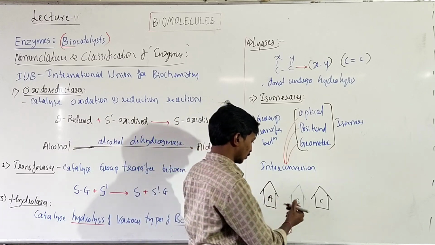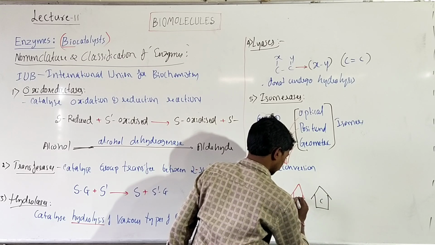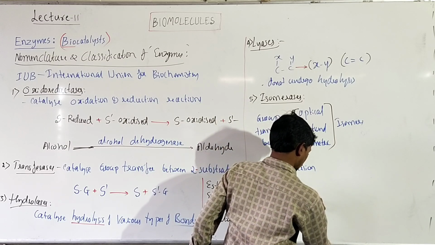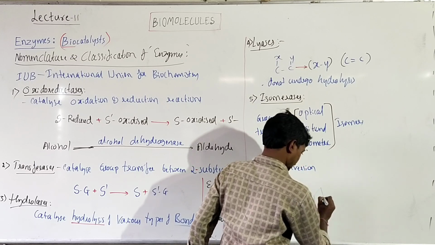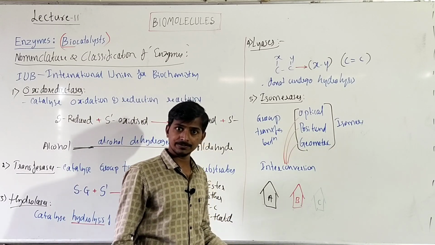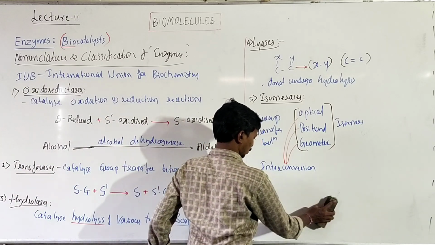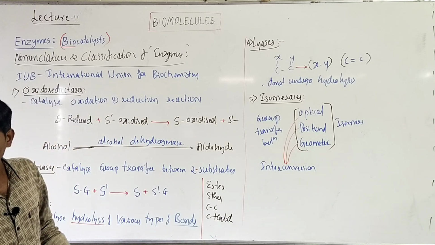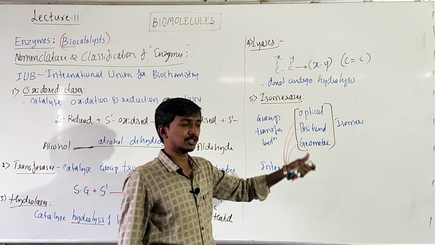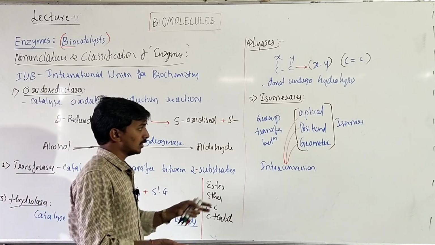Then you will change the color of the home B into red, and then you will change the color of the home C into green. ಸೊ ಮನಿ ಅದೇ ಉಳಿತಾ, ಏನು ಮಾಡಿದ್ರಿ ನೀವು? ಜಸ್ಟ್ ಆ ಕಲರ್ ಚೇಂಜ್ ಮಾಡಿದ್ರಿ. ಸಿಮಿಲರ್ಲಿ ಹಿಯರ್ ದೇ ವಿಲ್ ಜಸ್ಟ್ ಚೇಂಜ್ ಒನ್ ಆರ್ ದ ಅದರ್ ಫಂಕ್ಷನಲ್ ಗ್ರೂಪ್ ಆರ್ ದ ಸೈಡ್ ಚೈನ್. ಒಂದು ಸೈಡ್ ಚೈನ್ ಚೇಂಜ್ ಮಾಡೋದ್ರಿಂದ ಏನಾಗುತ್ತೆ? ದ ಐಸೋಮರಿಸಮ್ ವಿಲ್ ಬಿ ಚೇಂಜ್ಡ್. ಸೊ ದೇ ವಿಲ್ ಹೆಲ್ಪ್ ಇನ್ ಐಸೋಮರೈಸೇಷನ್ ಆರ್ interconversion between different isomers.